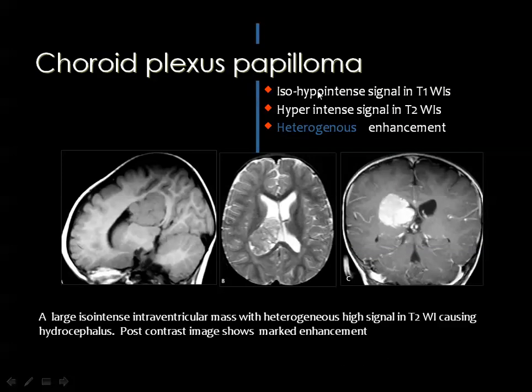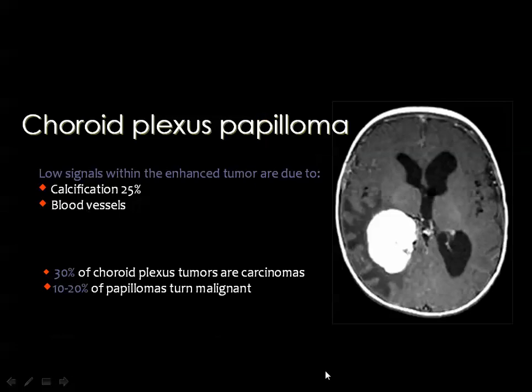Then some of the choroid plexus papillomas do not secrete CSF, and then you will see only an intraventricular tumor with a lobulated surface, a strong enhancement, and you can see that the ventricles are not so much dilated.